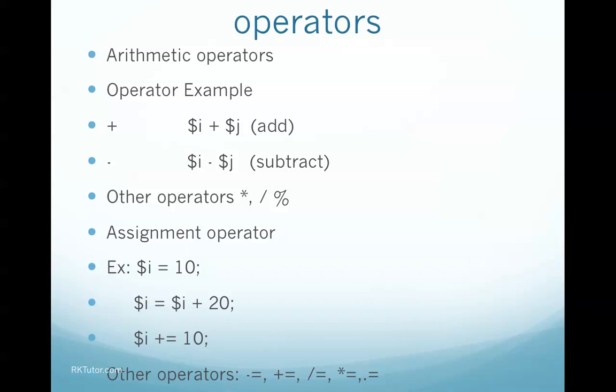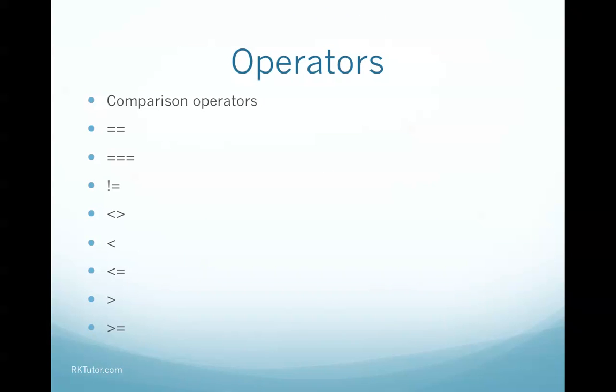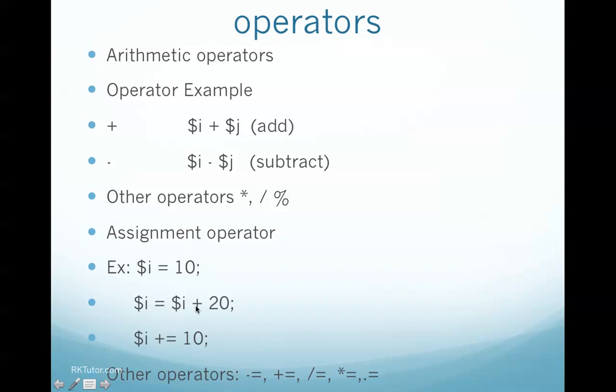That means in this scenario, in the second example, it will store the value 30 into $i, and then after this instruction the value will be 40.